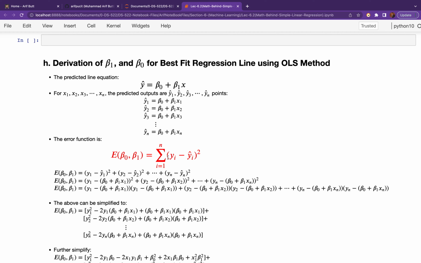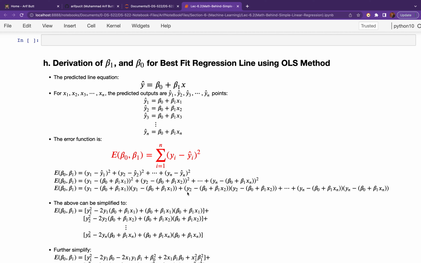And we can open up this summation, this equation shown in red, and simplify it by writing the square terms as a product of two terms, substituting the value of y hat as well, and we come up to this equation.